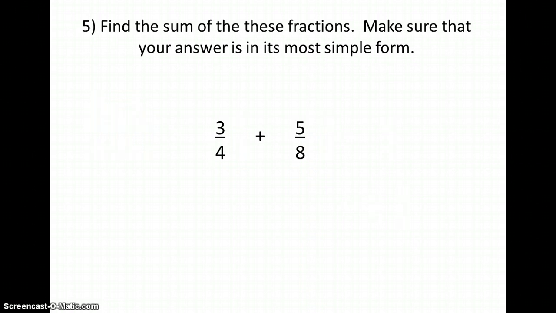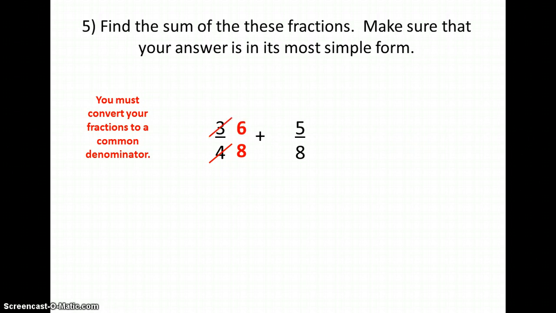I will not always have to change both denominators. In this case, 8 is a multiple of 4, so I don't need to change 5/8. I only need to change 3/4. I do this by making common denominators. 4 times 2 is 8. 3 times 2 is 6.